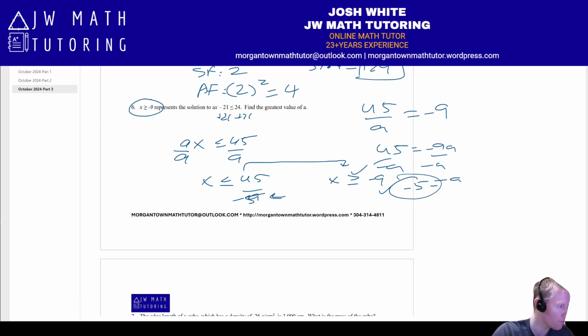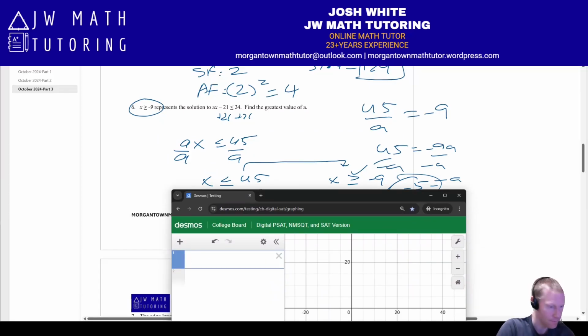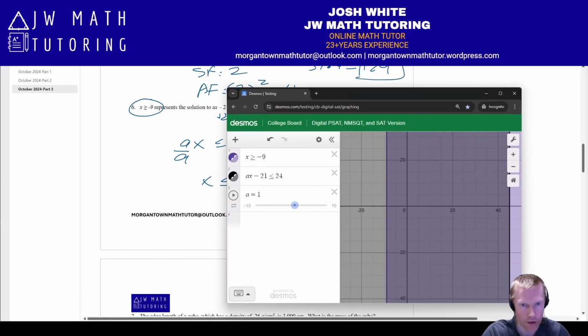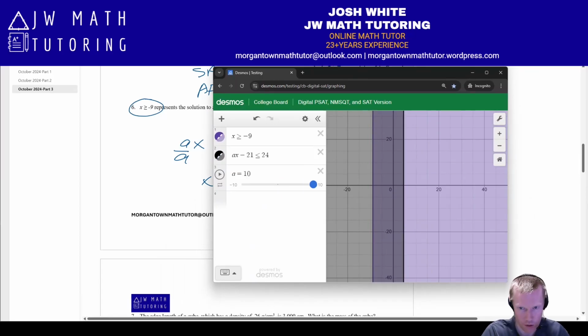Now we can also confirm this in Desmos. We're going to graph this inequality, and then graph the other one. We'll add a slider for a, and if you notice here, it's going in the wrong direction. We want the two things to completely overlap.